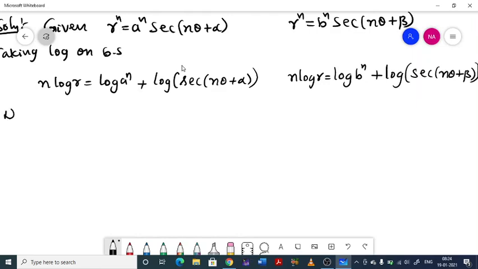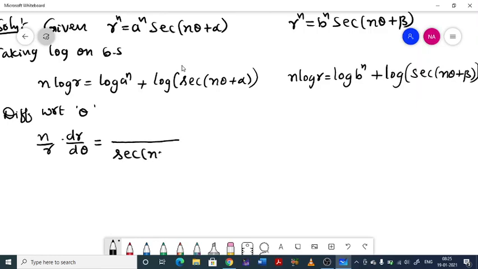Now differentiating with respect to theta, you will be getting n by r into dr by d theta equal to log a power n, that will be 0 on differentiation. So here log of secant of n theta plus alpha, denominator secant of n theta plus alpha, in the numerator, see, derivative of secant theta is secant theta into tan theta.